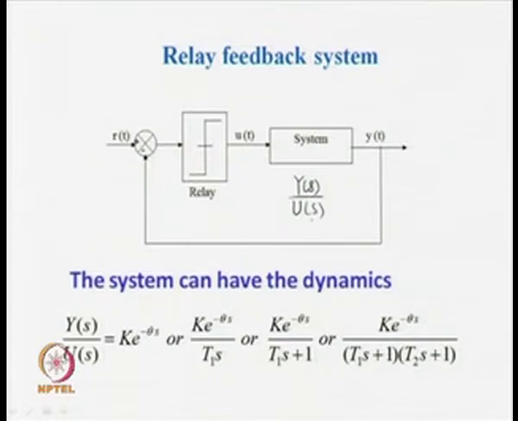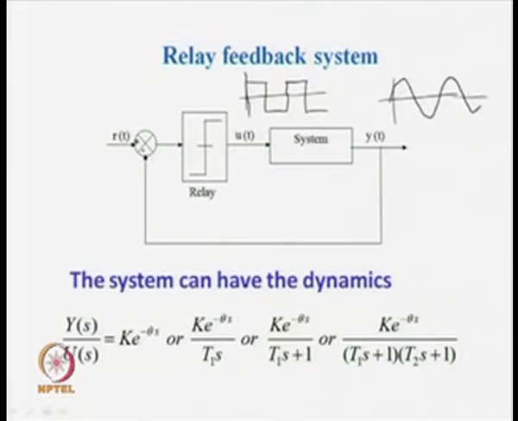Now, what sort of output is expected from this relay feedback system? When the input to the relay is rectangular pulses only, the output of the system will be a limit cycle output. Based on the rectangular input, the output of the system will be a limit cycle, but the form of the output waveform can vary depending on the system parameters.